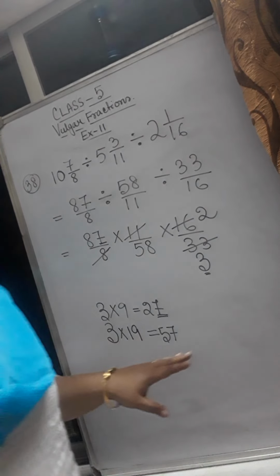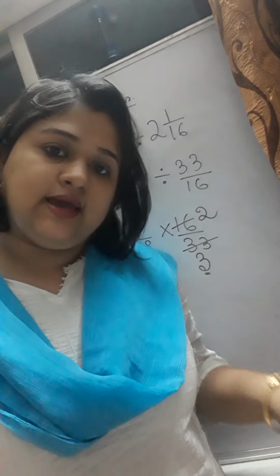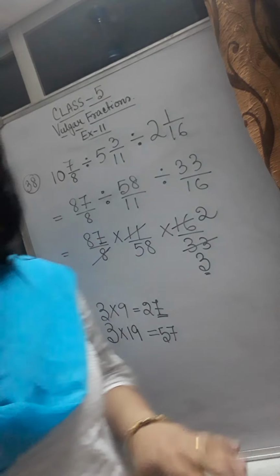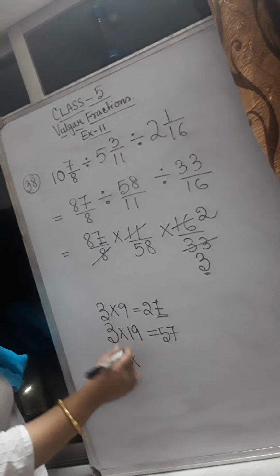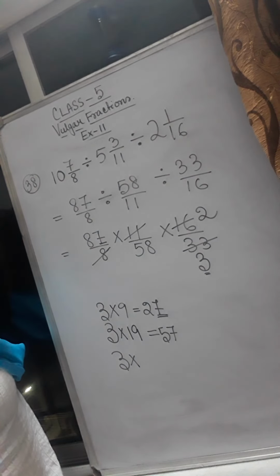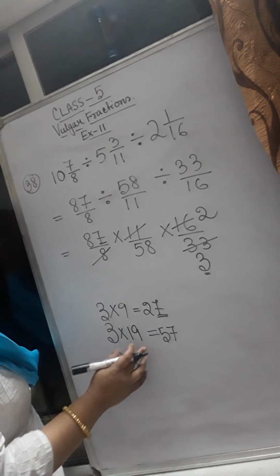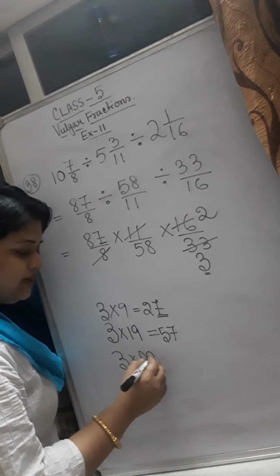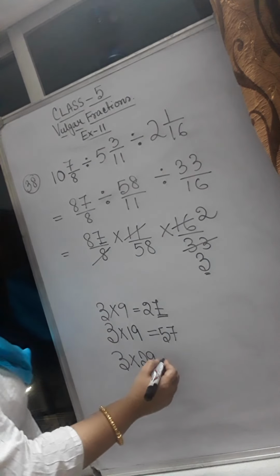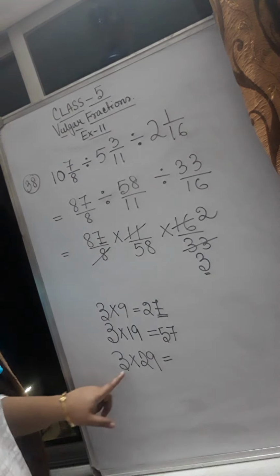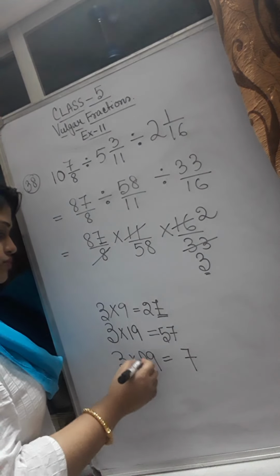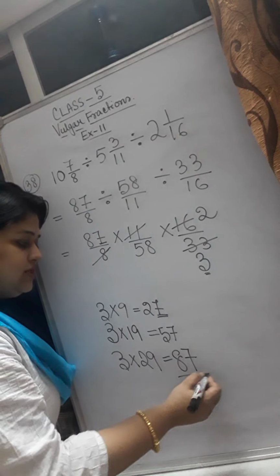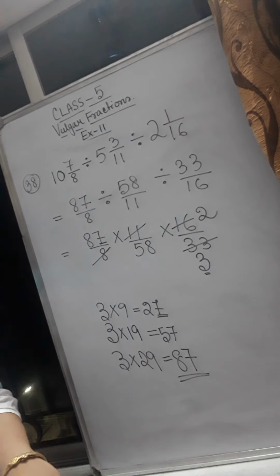So 3 into 19 also gives 7 at the end, but I don't get 87. Now again I have to try with a higher number that contains 9 at the end. So 29 I can do. Now if I check, 3 9s are 27, 3 2s are 6, 7, 8. So this number now gives me 87.